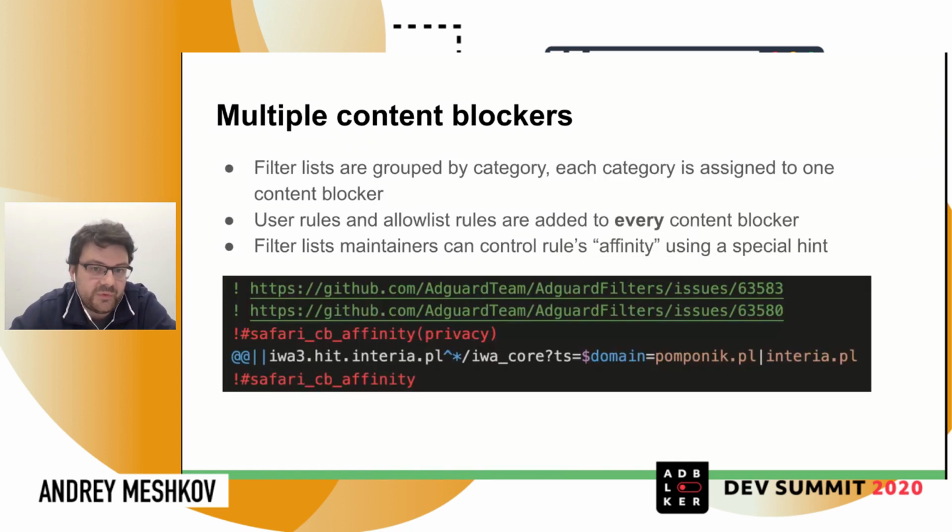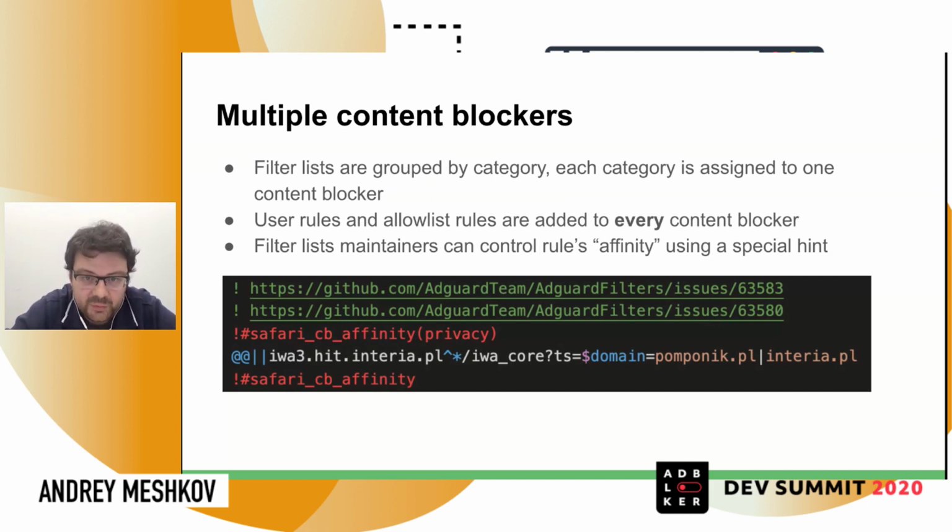And well, to solve this, here's what we do. We group filter lists by category and assign each category to one of these 6 content blockers. User rules and allow list rules are added to every content blocker, because obviously this is the only way to make sure that these rules will work.